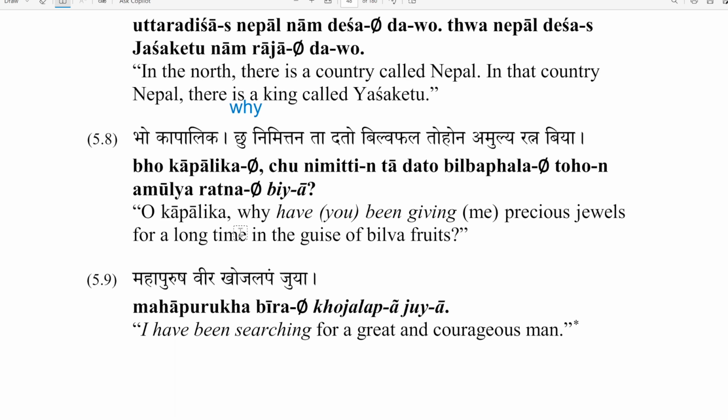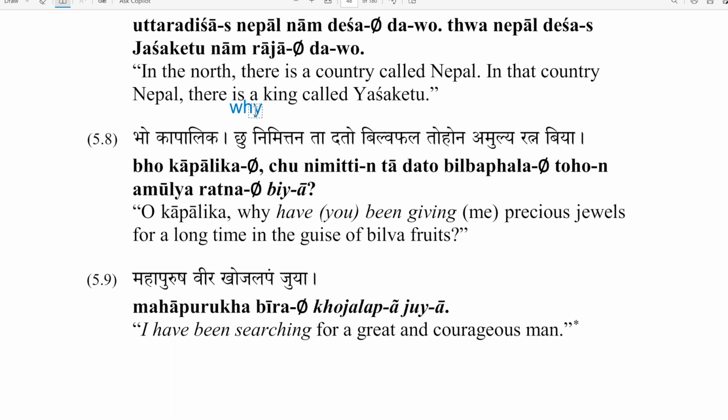The same. Chana is more like why, and chu also has a sense of what. So here it goes together with nimidana. Nimida is reason and na is the ergative ending. So for what reason? Put together, like why.